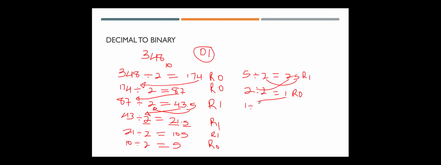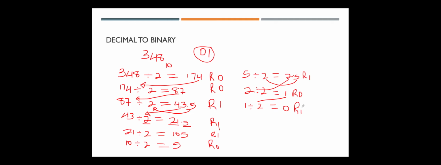Of course, you know that 1 is less than what? Less than 2. So in this case, obviously, we shall get a 0 and a remainder what? Which will be 0.5. So which is now a remainder what? 1. That is when you multiply 0.5 by 2, you get 1.